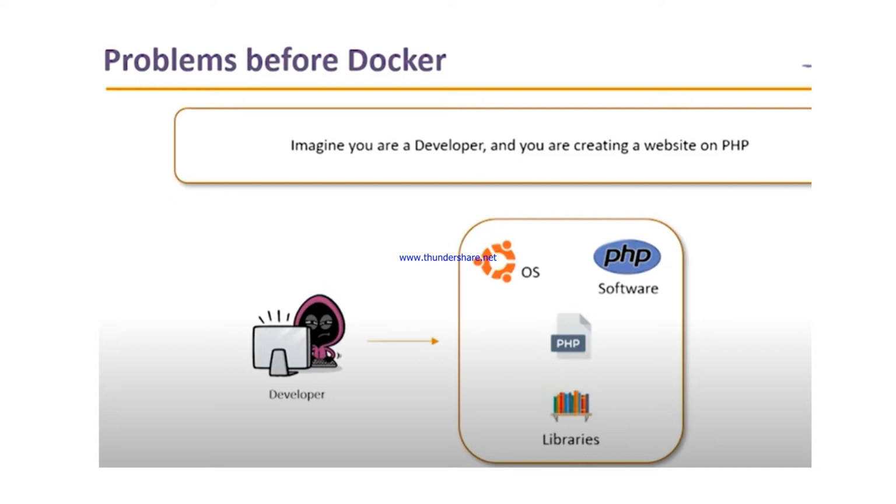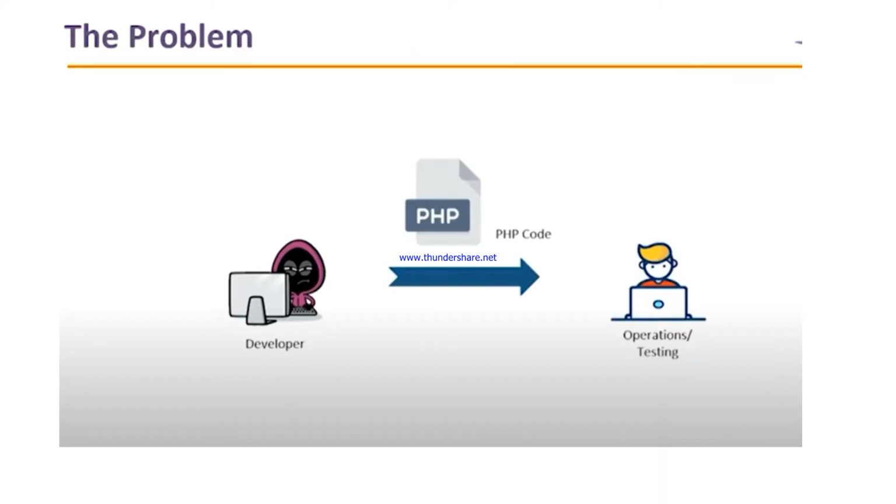At the same time we need libraries also, like third-party libraries. So as a developer, they need all the environment if they want to work with PHP. Once the developer's work is completed, that entire code goes to the testing environment.